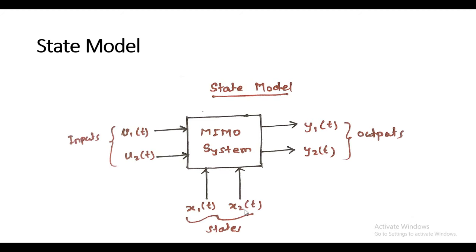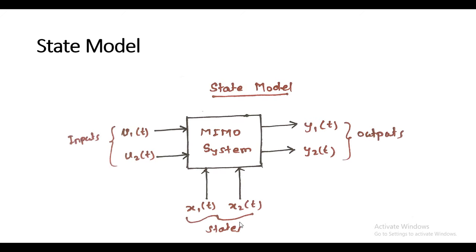Now we have to represent this system in the form of equations, and ultimately we will get some equations that we have to see. If you see carefully this state model, suppose you want to calculate the output Y1, we have to calculate it based upon these inputs and these states.